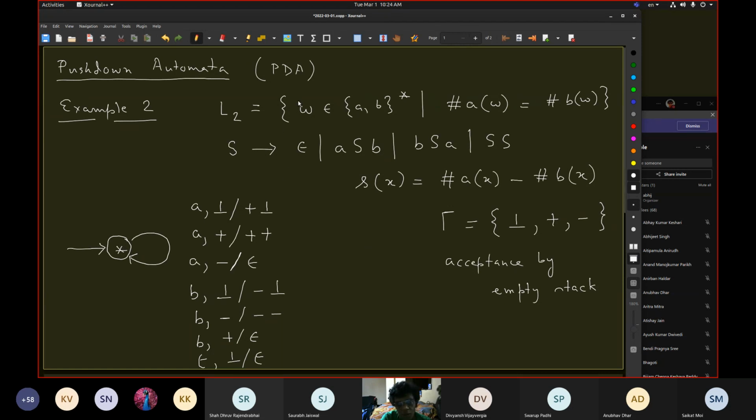On the other hand, if the input is not in the language, then no matter what decision this machine takes, it can never empty its stack after processing its entire input. Are you with me? Yes, sir. Okay.